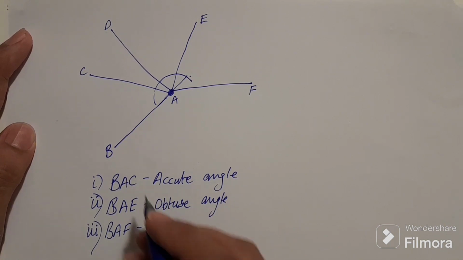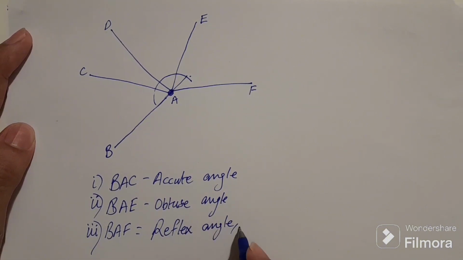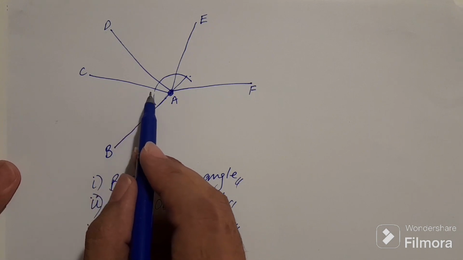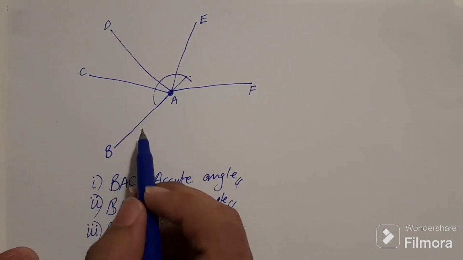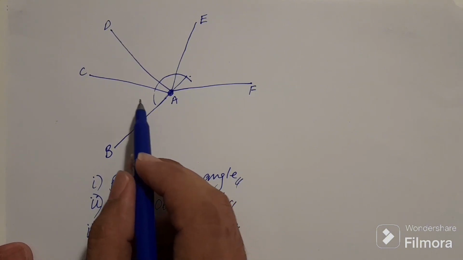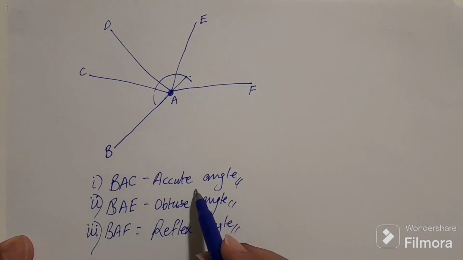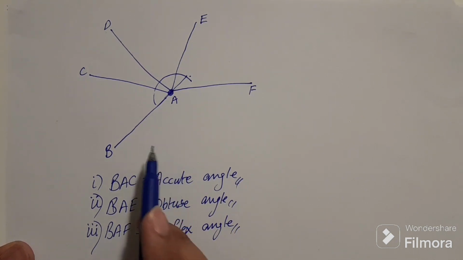So BAF is a reflex angle. These are different types of angles that we can calculate and measure if the question states. But over here the question was to find out which type of angle each is. So we have found BAC is an acute angle, BAE is an obtuse angle, and BAF is a reflex angle.